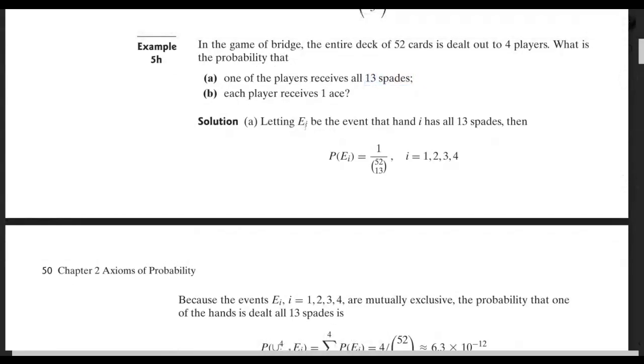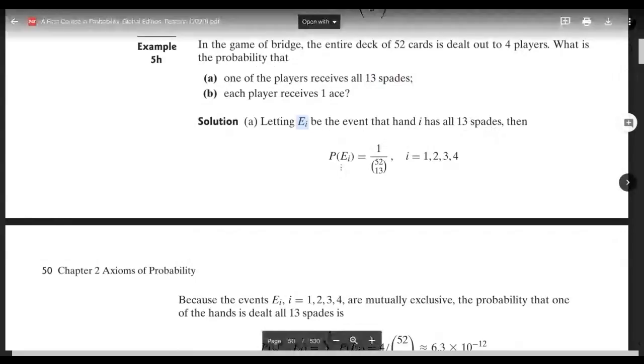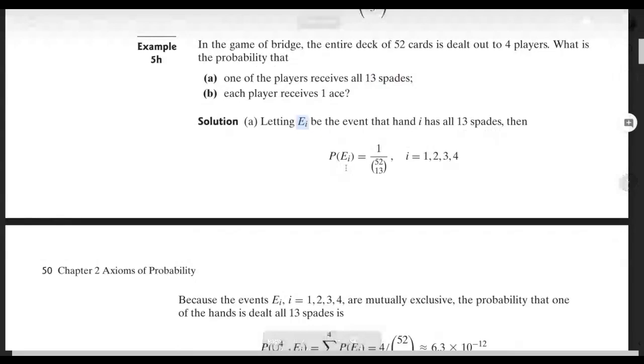Okay, let's say E_i be the event that hand i has all 13 spades. Then probability of E_i equals 1 over 52 choose 13 cards.